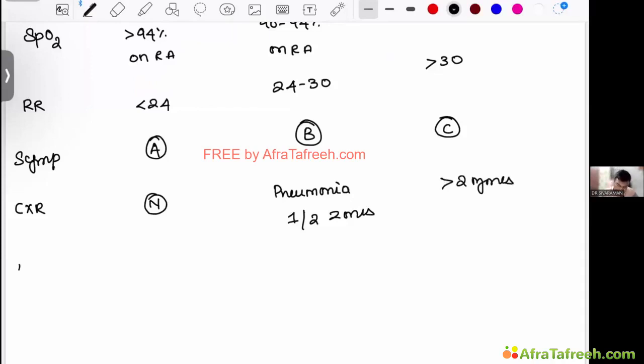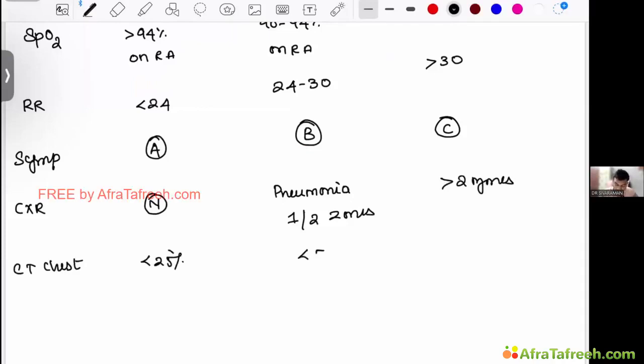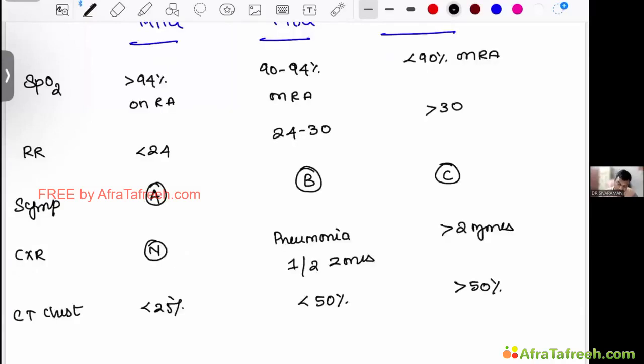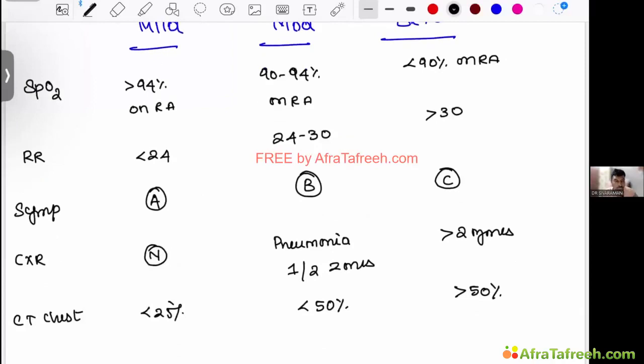CT chest involves less than 25% of the chest area; here it is less than 50% of the chest area; here it involves more than 50% of the chest area. So based on this, you are going to divide the patient into mild, moderate, and severe.